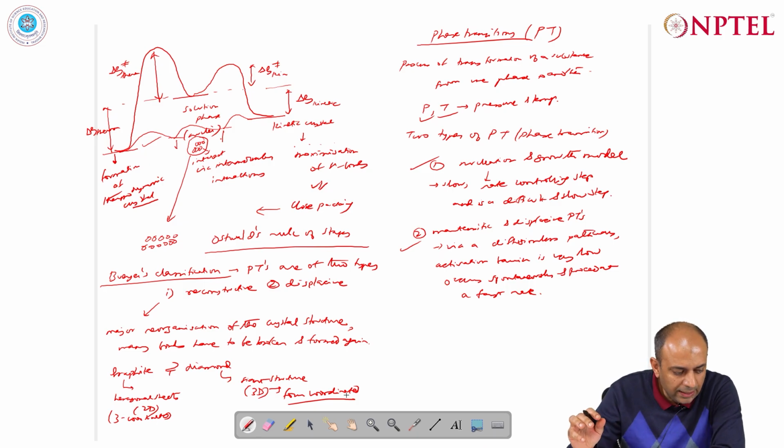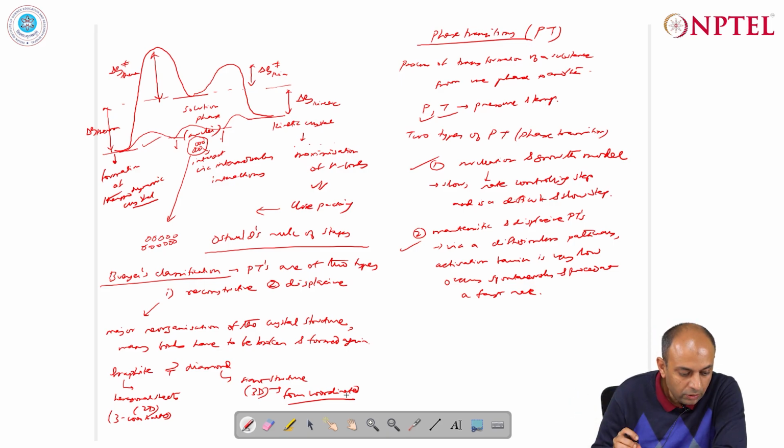So, what essentially happens is, why is there a barrier to the process? There is a large barrier to the process because it involves breaking a large number of bonds and forming new bonds. So, you can have a kinetically stable phase which can exist for a large period of time, because the barrier involved in converting to the thermodynamic phase is very large.